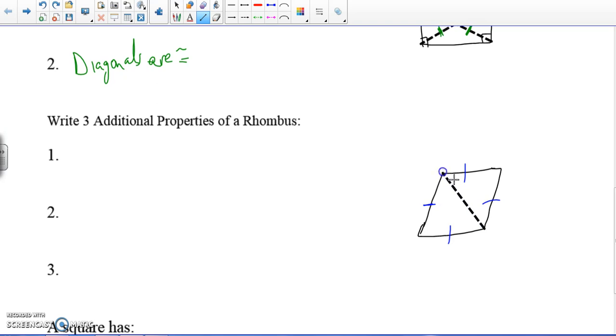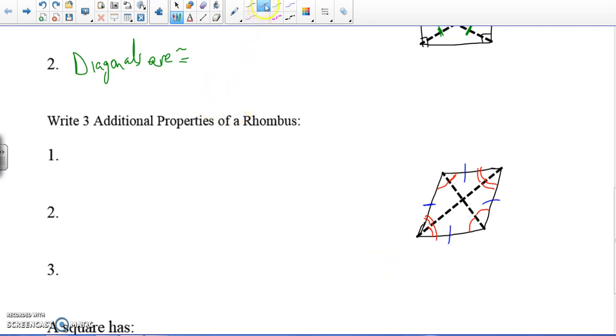has to do with the diagonals. All right, so 2 special things about the diagonals of a rhombus. First of all, the diagonals bisect the angles. So they cut each of those opposite angles into 2 equal parts. All right, notice the diagonals are not congruent. They're not congruent.